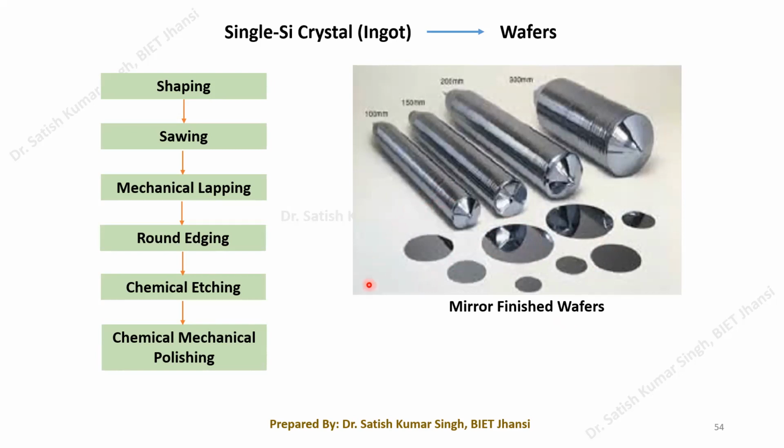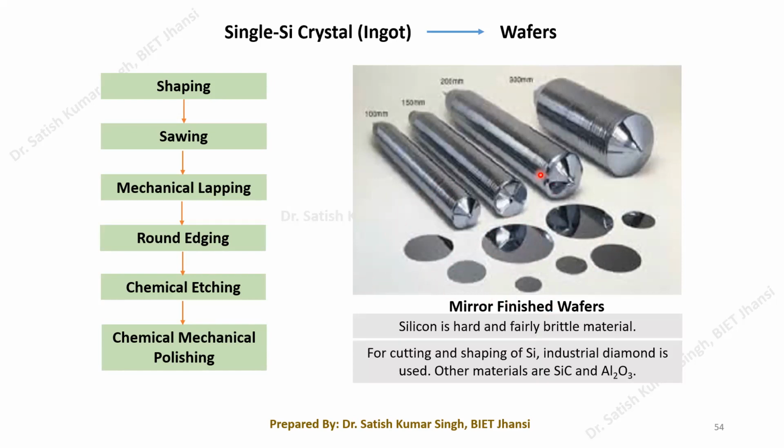And the other materials that can also be used for cutting or some other purposes like grinding are silicon carbide or aluminum oxide. So these are the other materials. These materials can be used for the shaping, sawing and mechanical lapping processes. Fine. So that you have to remember.